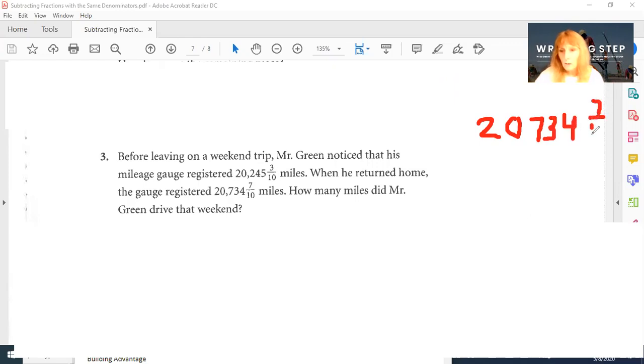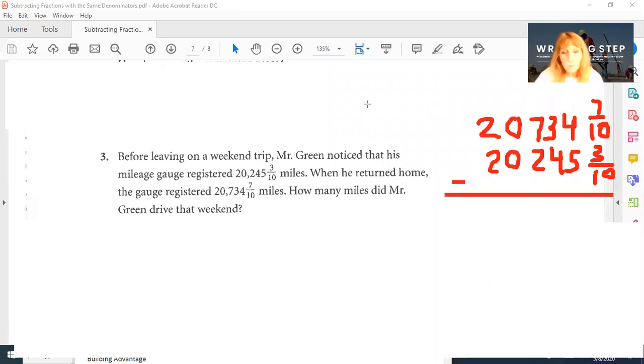And I'm going to subtract 20,245, and how many tenths? 3/10 of a mile. And I'm going to subtract. So, subtraction here.